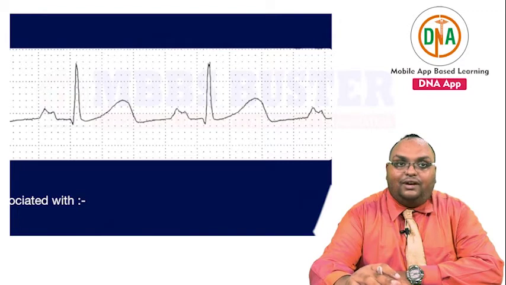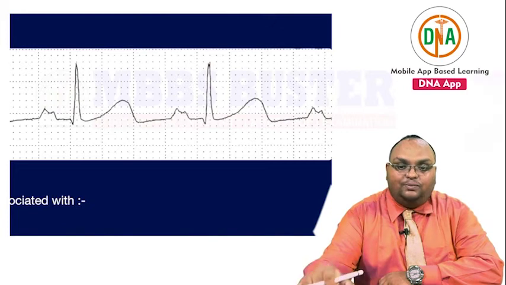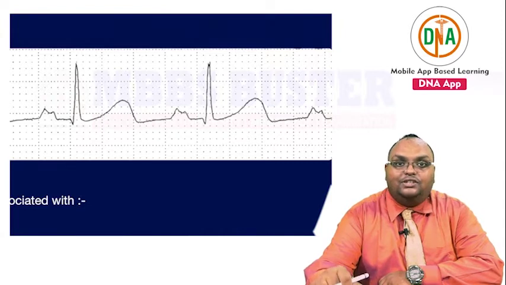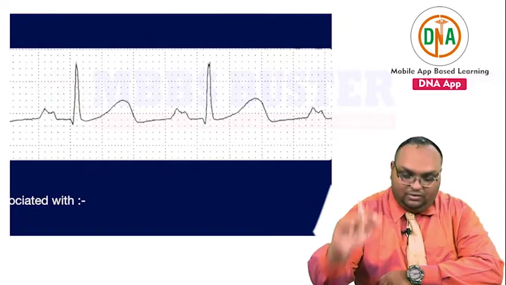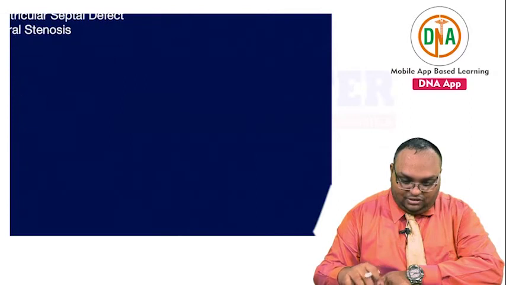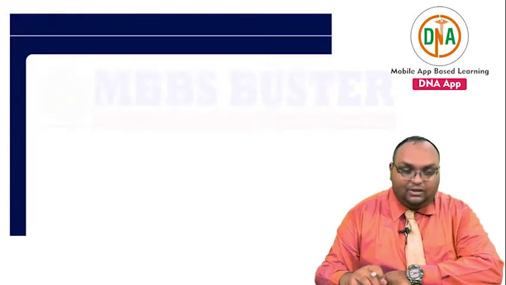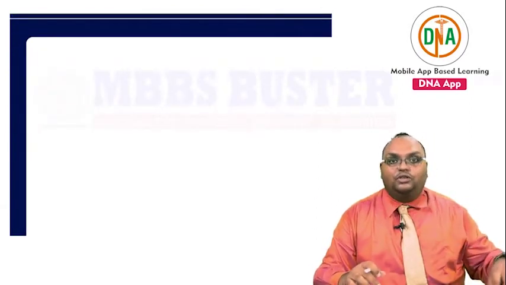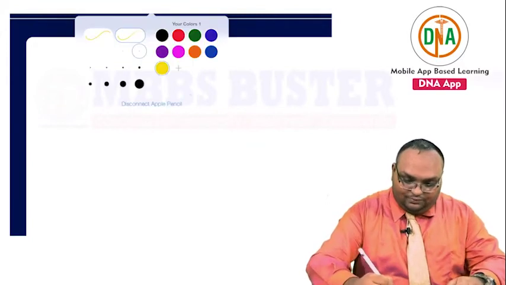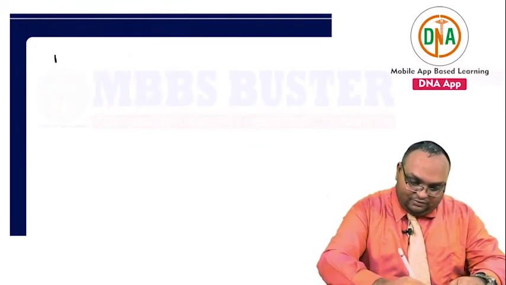So a P wave has a particular width and a normal height. In any scenario, if the P wave becomes taller than it should be, or wider than it should be, then it is an abnormal P wave. So let's see your knowledge on the P wave.